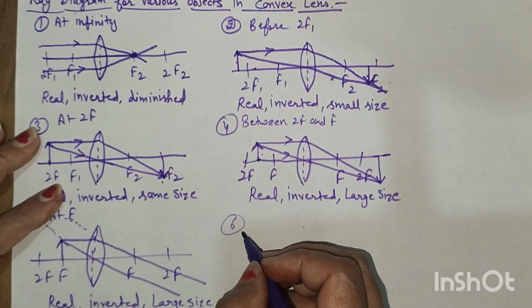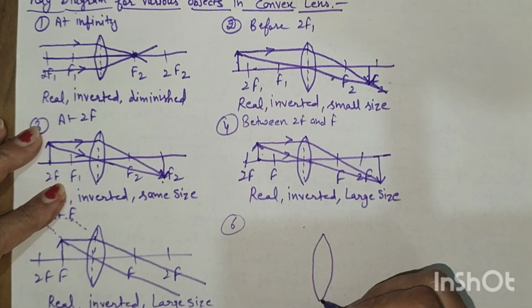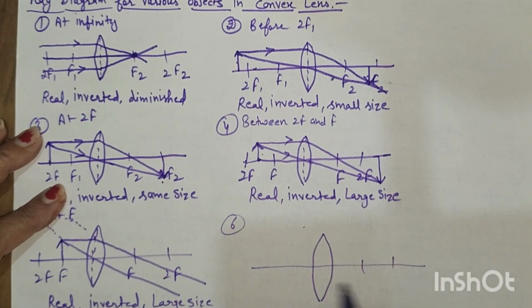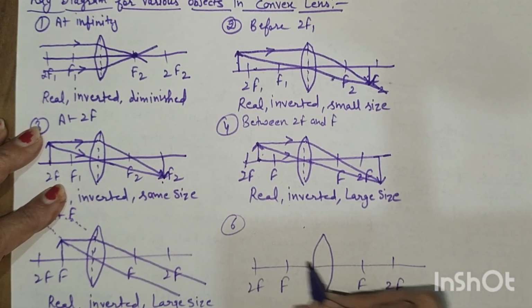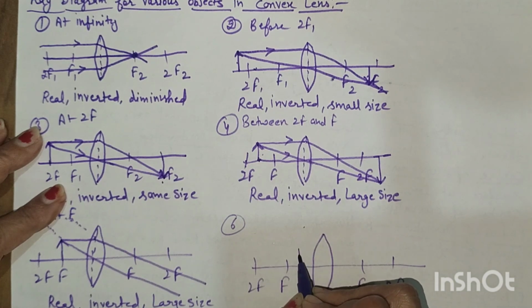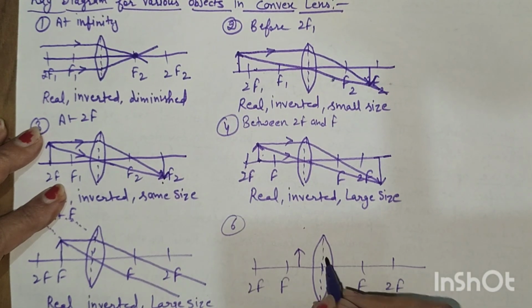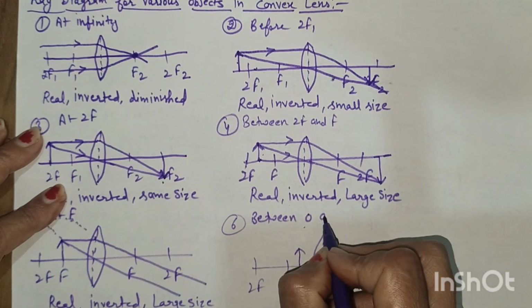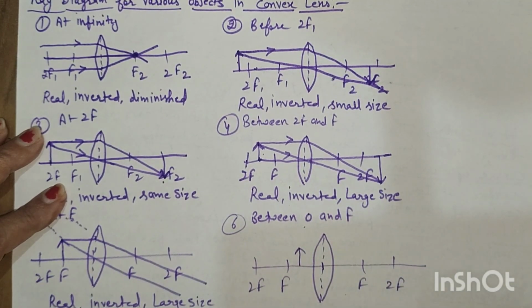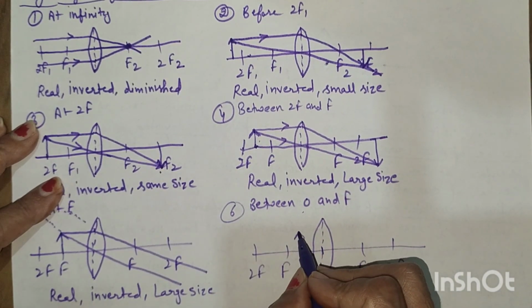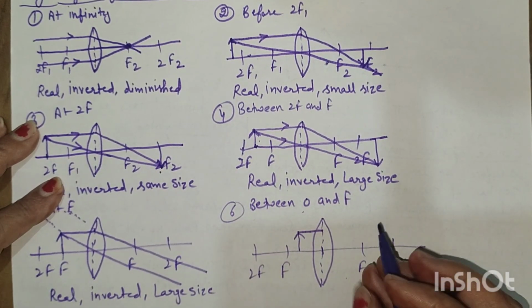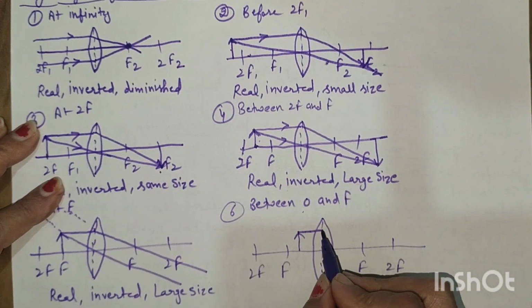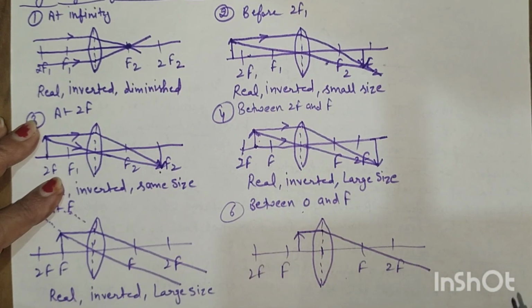Now the next position: draw the convex lens, mark its focus and center of curvature here, and put the object between optical center and F. According to the first rule, the ray goes parallel to the principal axis and after refraction passes through the focus.